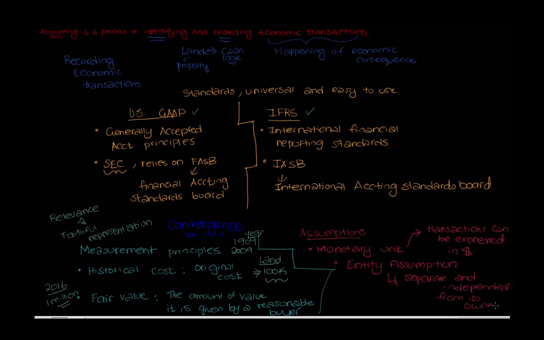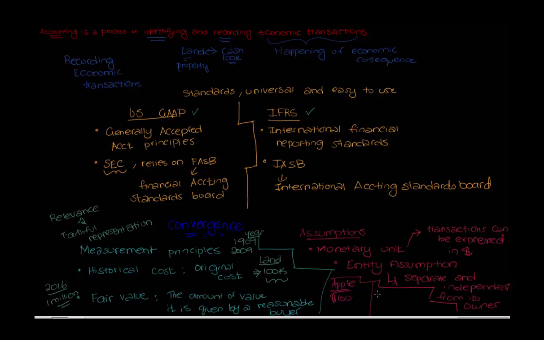So a good example of this would be, say I own a share of Apple, which I bought for $100. My share of Apple makes me an owner of Apple. However, how Apple operates, how it has different economic transactions on a daily basis has nothing to do with my personal life.